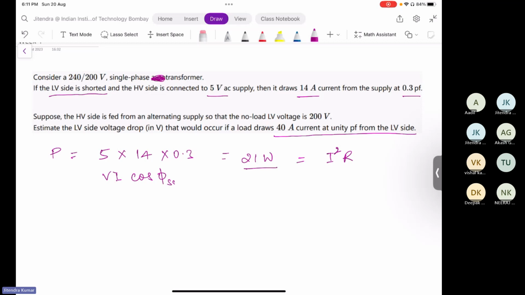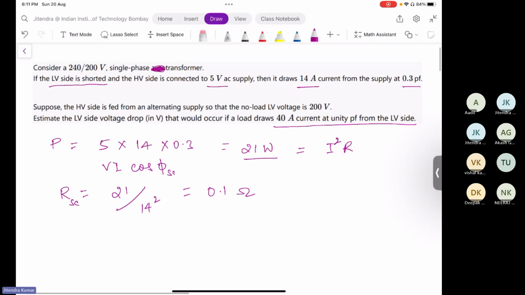So here we can compute the resistance. RSC is equal to 21 by I square, so this will be 21 divided by 14 square. It is 0.1 ohm. Are you getting it till now? Yes, sir. Great. So RSC we have computed.